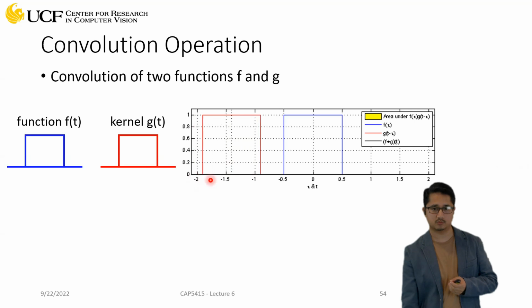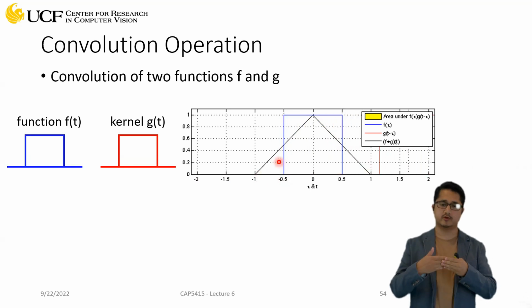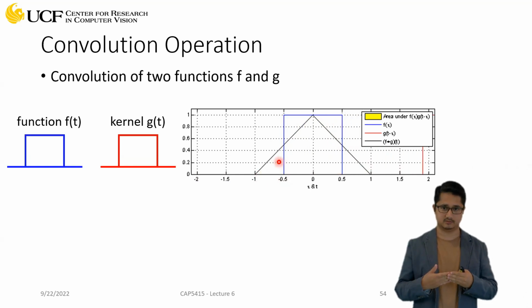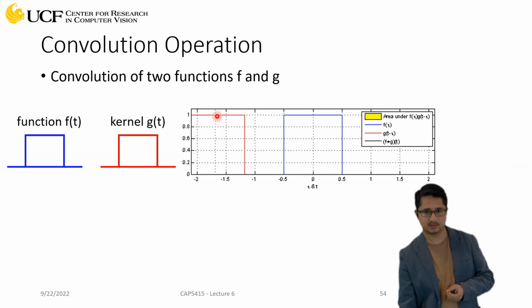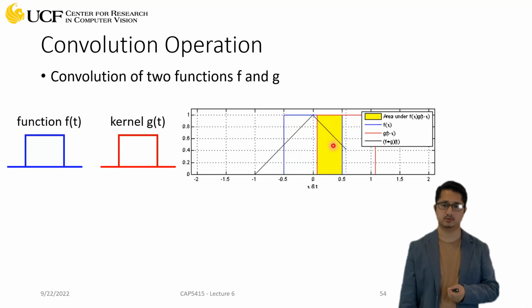As you keep moving towards the right, you can see it's still 0, 0, 0. But as soon as you reach this location, you see some overlap between the kernel and the function. If you look carefully at this red region, at this point it starts to overlap, which is indicated by this yellow color.